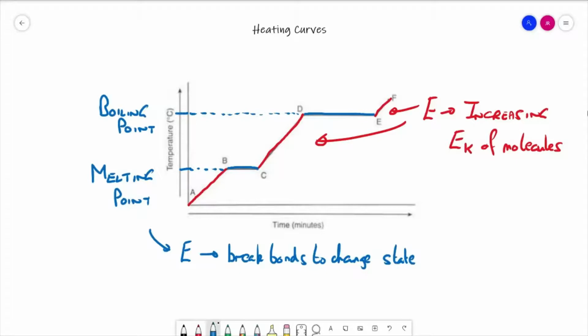But of course, because at those points now the energy isn't going to increase in the kinetic energy of the molecules, we don't get a temperature change. So we have to note at that point that there is no change in temperature.